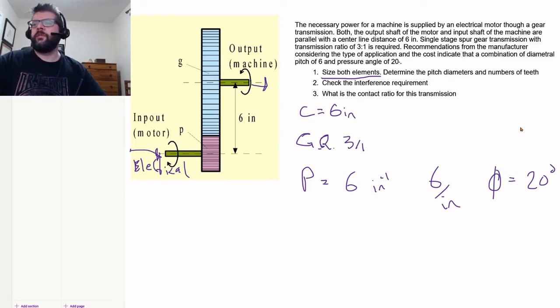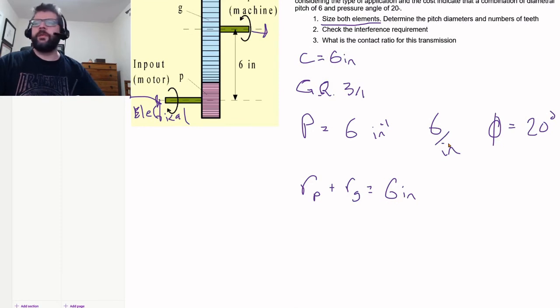So we want the radius of the pinion plus the radius of the gear to equal 6 inches. Or if we want to work in diameter, the diameter of the pinion plus the diameter of the gear is going to be equal to 12 inches.